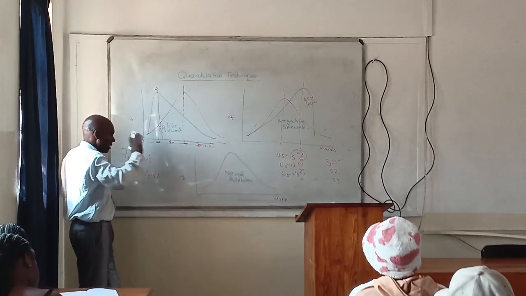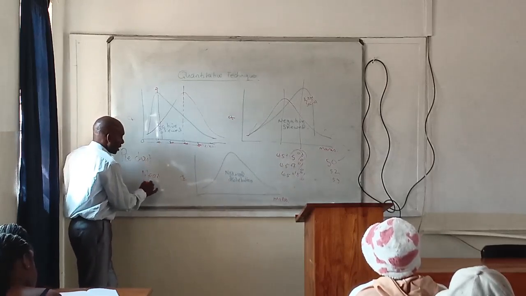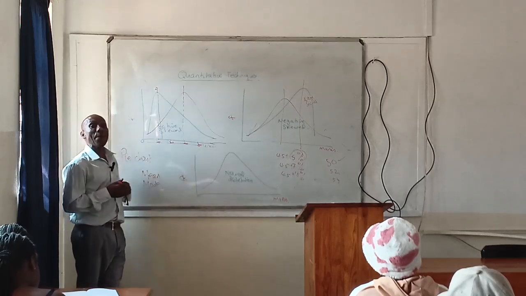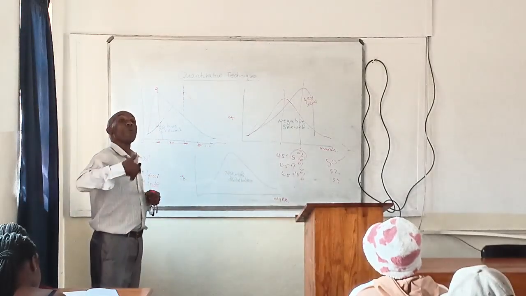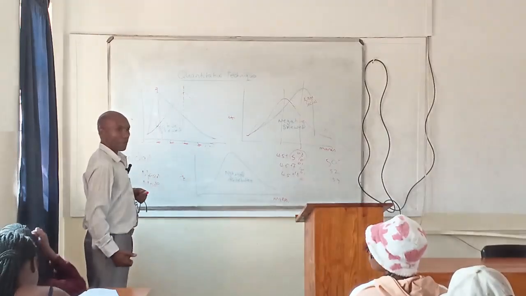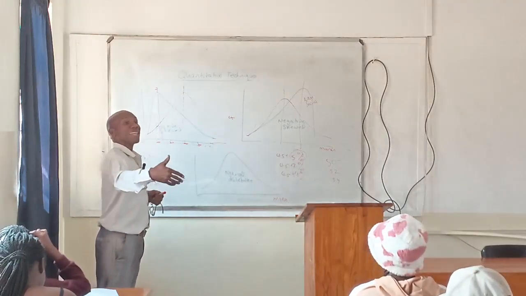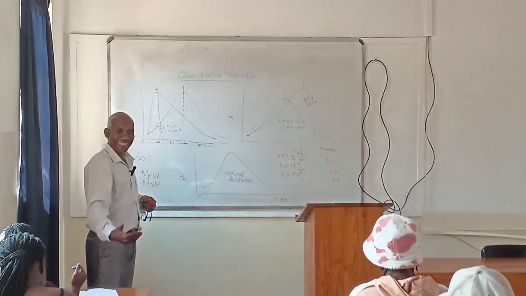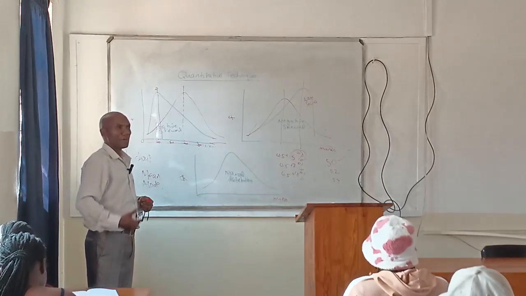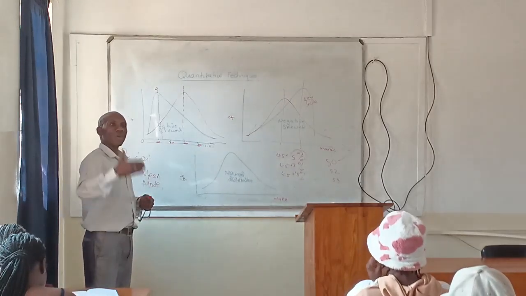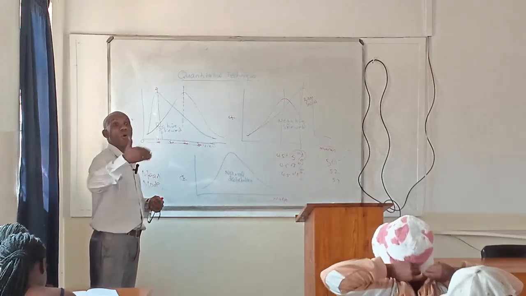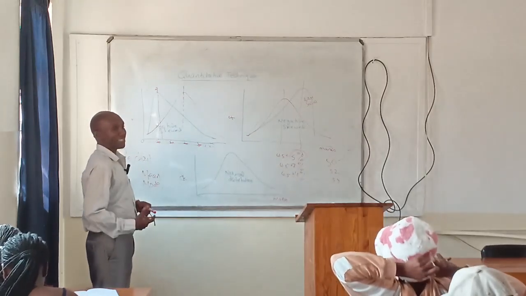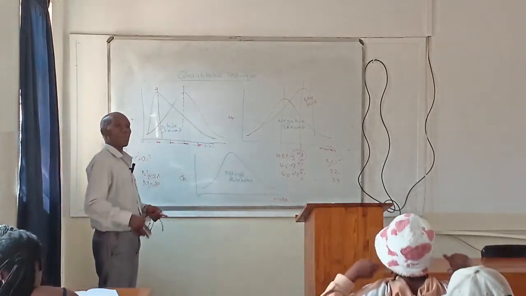Mode is the number that appears most times, the number that has more frequency. If one is appearing 20 times, that one is the mode, sometimes called the model number. Mode or model number is the same.